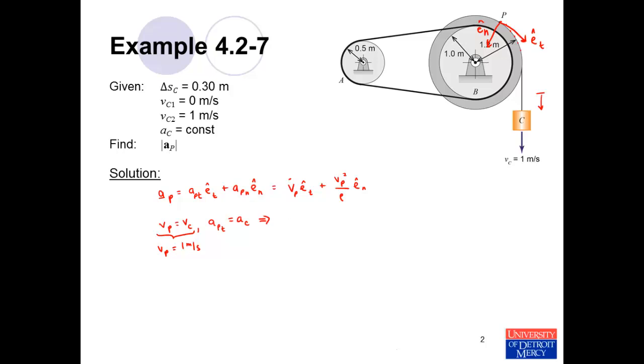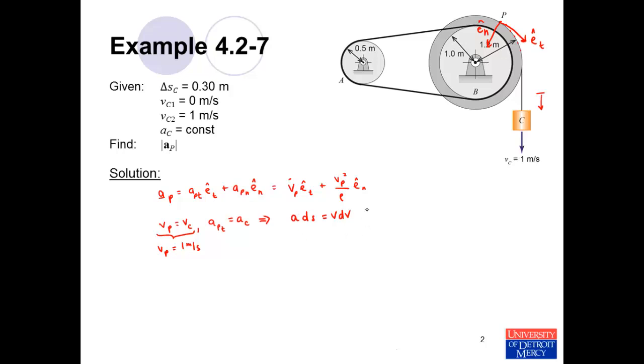Since AC is constant, we can use one of our constant acceleration equations, or we can fall back to our general equations and perform the integration. Thinking back to the different kinematic relationships we've been using, in particular for rectilinear motion, this is the one that's most suited to our problem because we're not explicitly given any information about time, and we don't need any information about time.